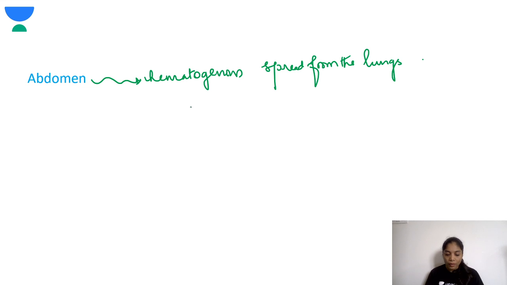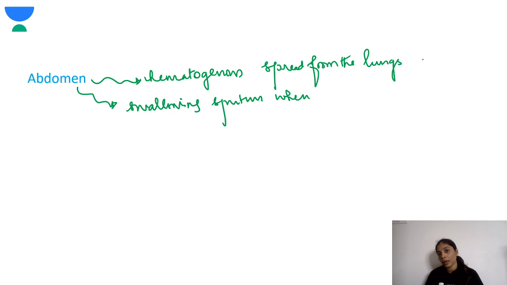Sometimes, if the patient has primary disease and swallows their own sputum, that also can cause abdominal tuberculosis. So these are the two ways you can end up having abdominal tuberculosis.